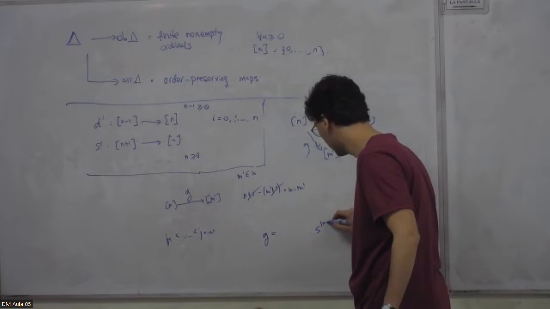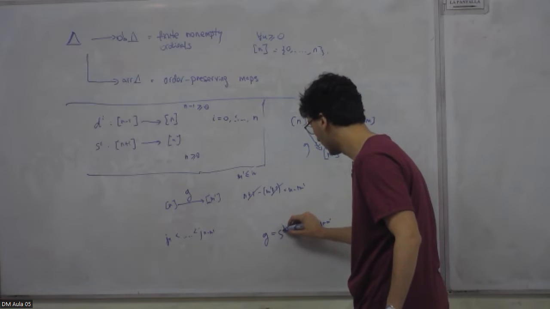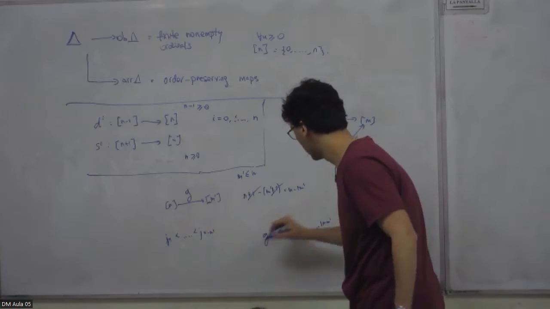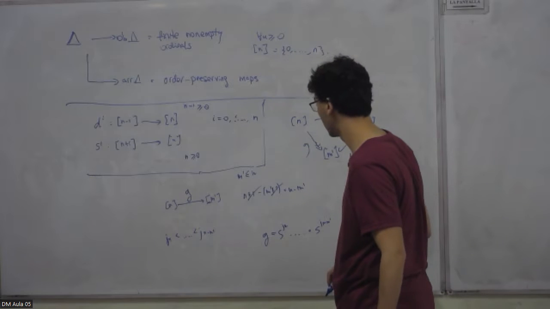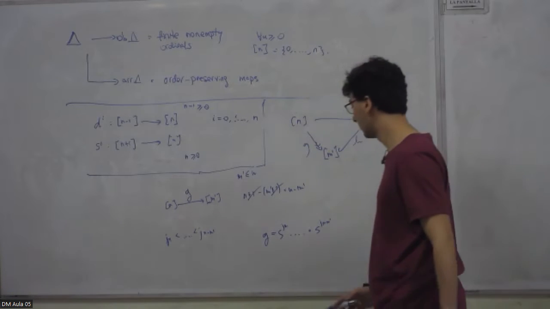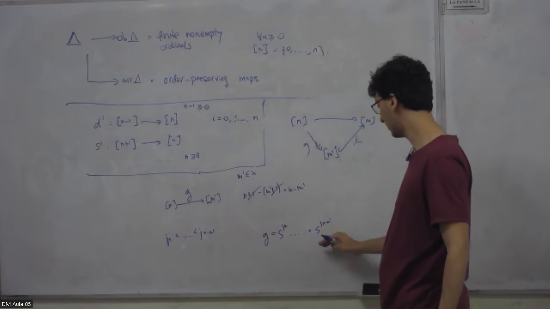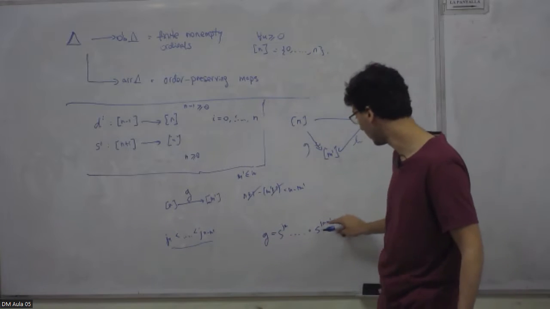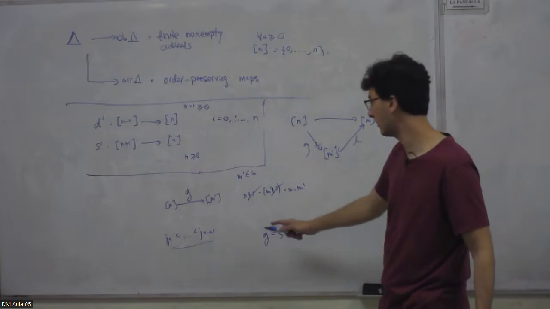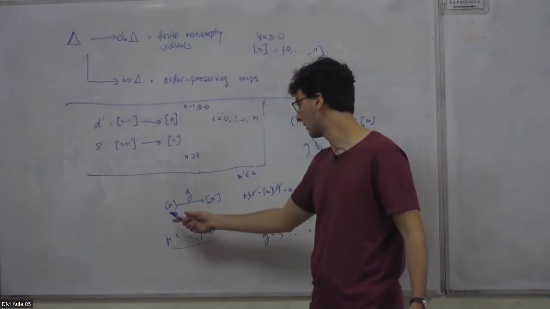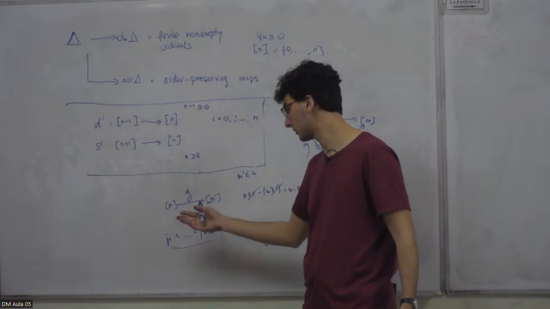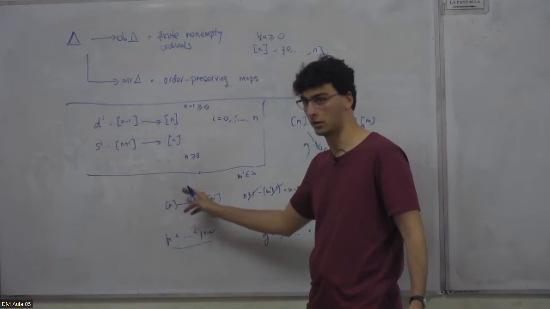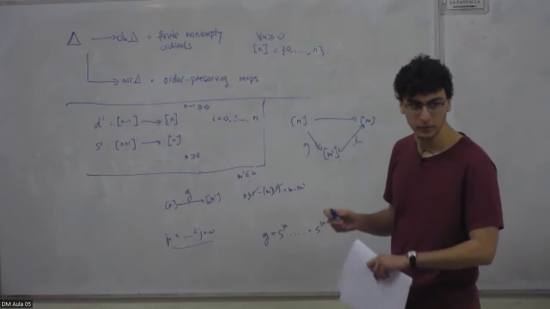I start with the last one and then compose all the way to the one indexed by J1. If you believe that this is true, then under this condition, this decomposition must be unique because you can read off what the J's are by checking which are the points at which g doesn't increase.